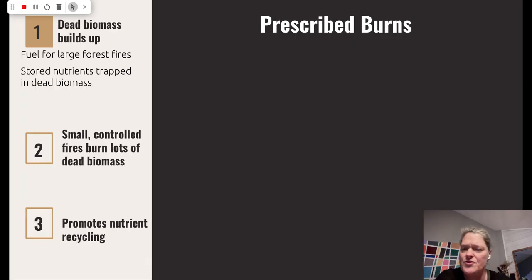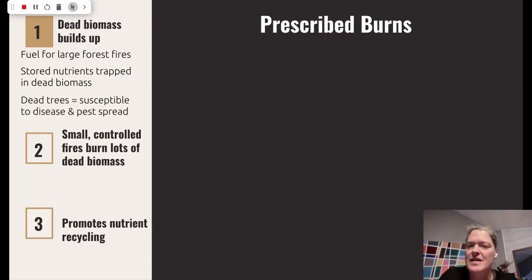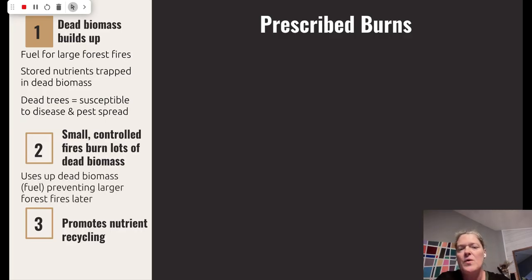There's also stored nutrients trapped in the dead biomass, and these dead trees are susceptible to disease and to pests spreading throughout the entire forest. So prescribed burns are when we conduct small, controlled fires that burn lots of dead biomass. It uses up the biomass or the fuel that's on the forest floor, preventing larger forest fires later.